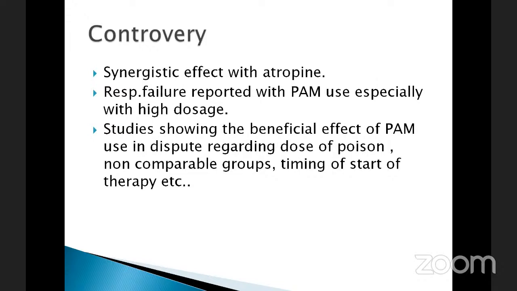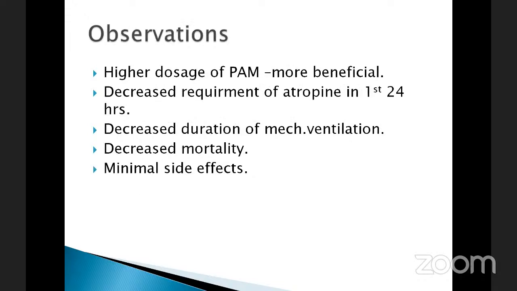Studies showing the beneficial effect of PAM use are in dispute regarding mainly dose of poison, non-comparable groups, timing of start of therapy, etc. These are observations of PAM, which include that a higher dose of PAM is more beneficial: decreased requirement of atropine in the first 24 hours, decreased duration of mechanical ventilation, decreased mortality, and it has minimal side effects.